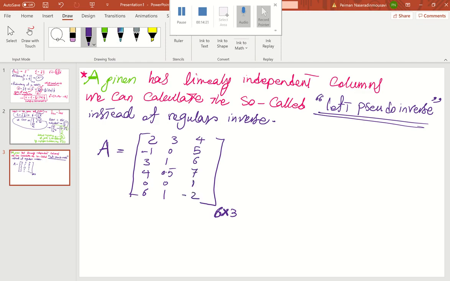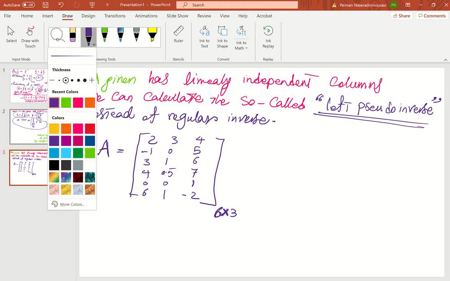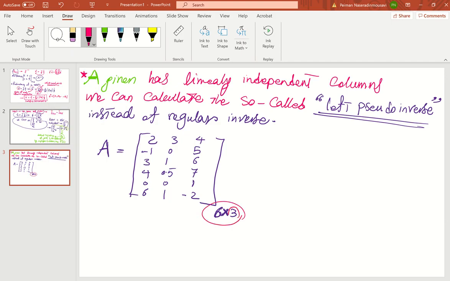This is a 6 by 3 matrix. You see that? On the other hand, if I go to the robotic realm, you can say this is a 3 degree of freedom robotic system, because if this is a Jacobian, you can say this is a 3 degree of freedom system.